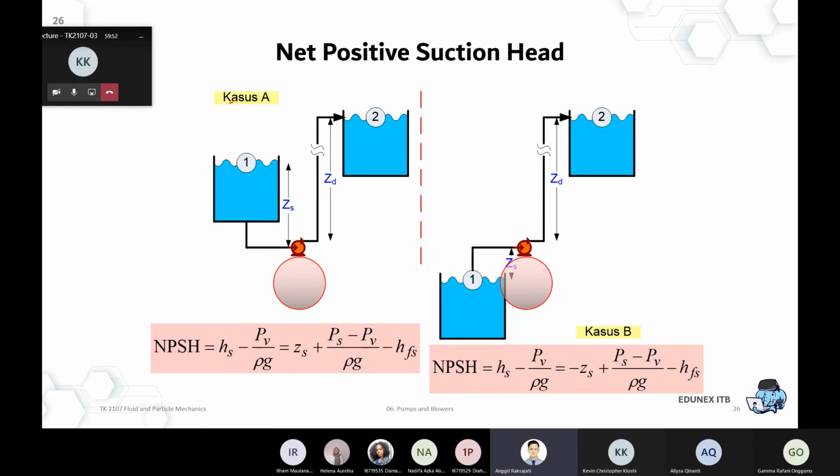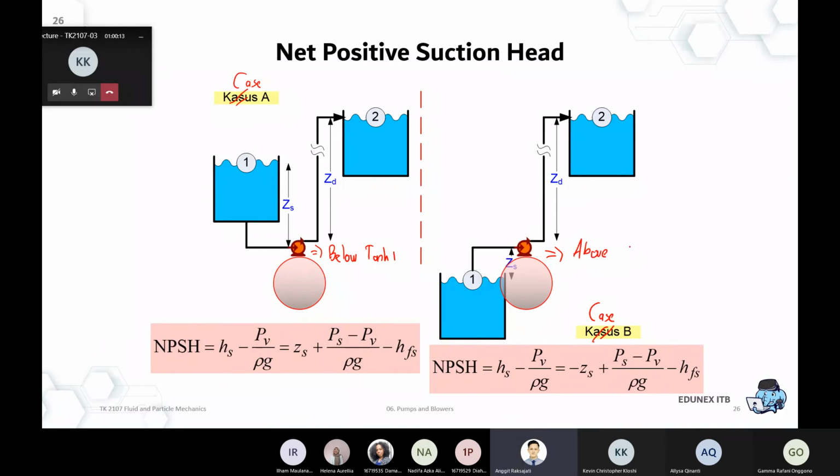Okay, case A and case B. See, the location of the pump is different. It's below tank 1 in one case, and above tank 1 in the other.